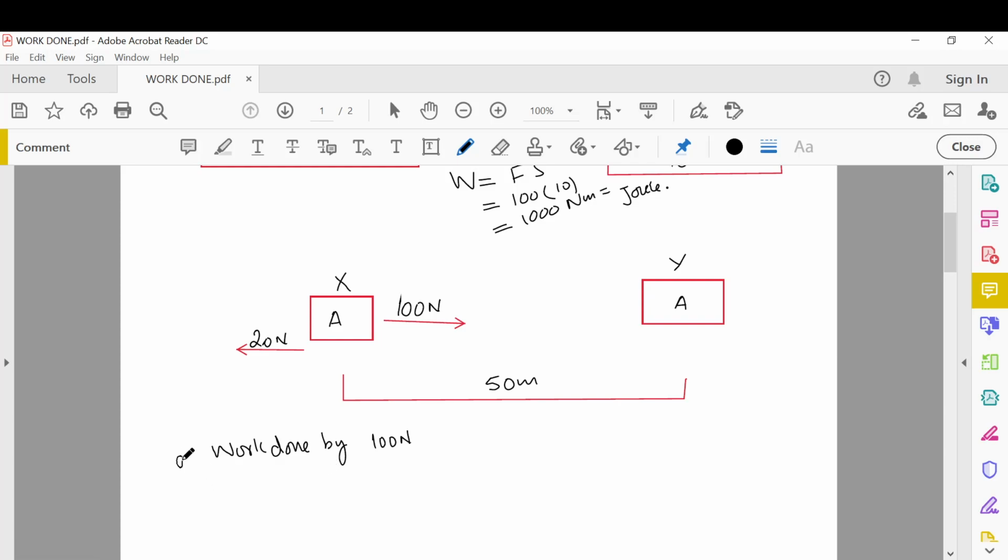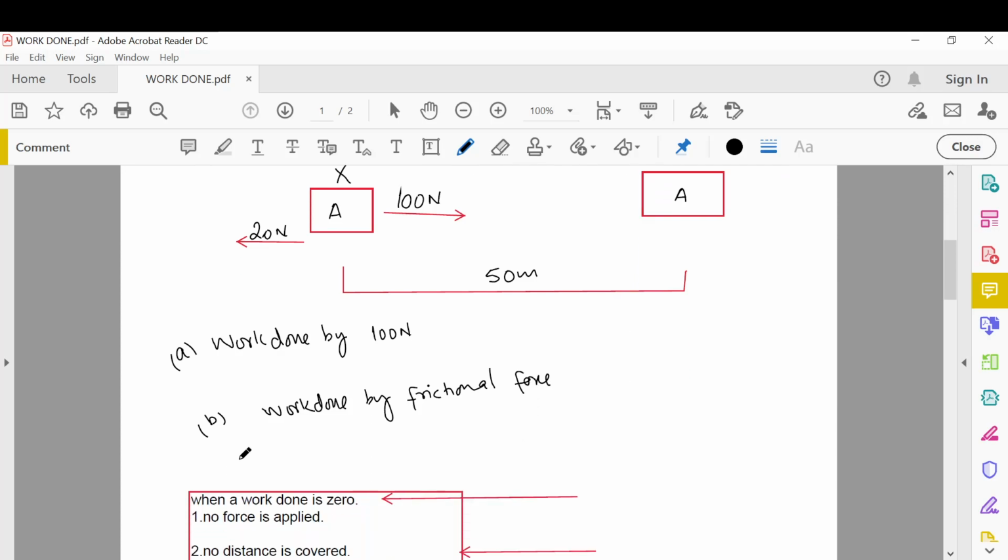Part B: work done by the frictional force. And the third is net work done, or resultant work done. So let's start with the work done by the 100 Newton force.